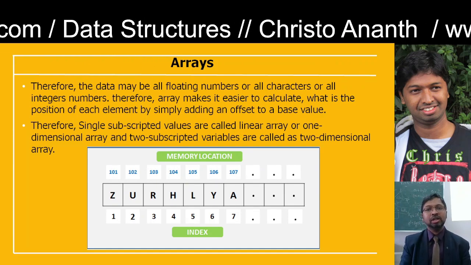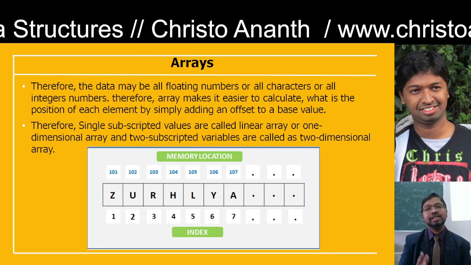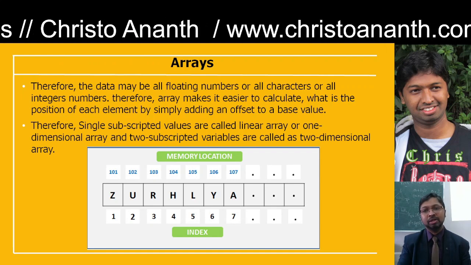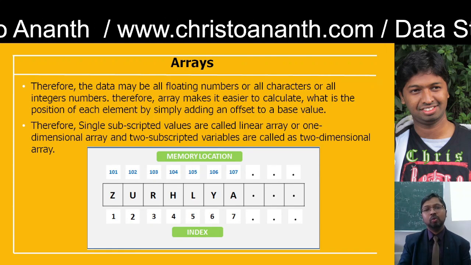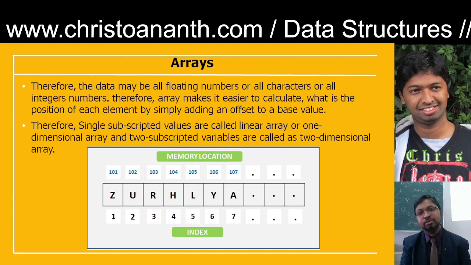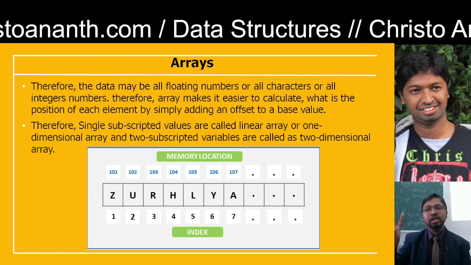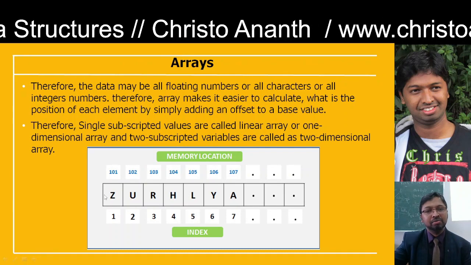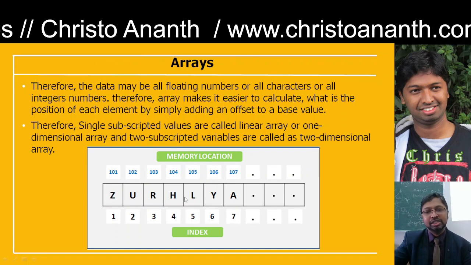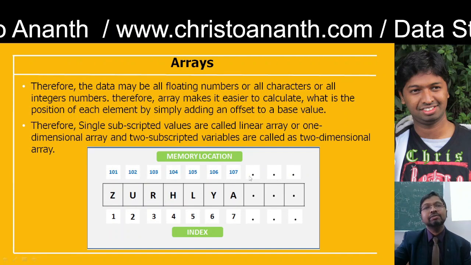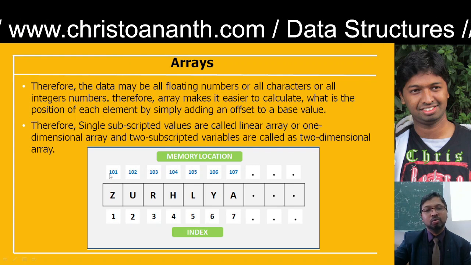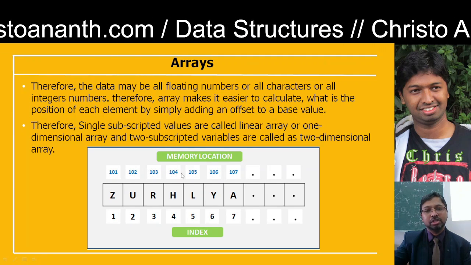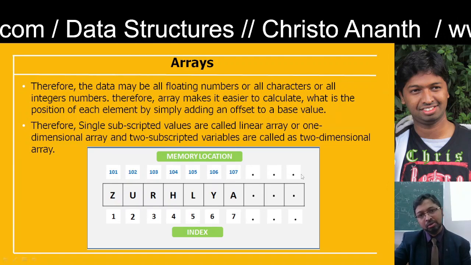Here you will have single subscripted values, called a linear array or 1D array, and two subscripted variables, called a two-dimensional or 2D array. For example, maybe you will have Z, U, R, H, L, Y, A, each with locations 101, 102, 103, 104, 107 and so on.